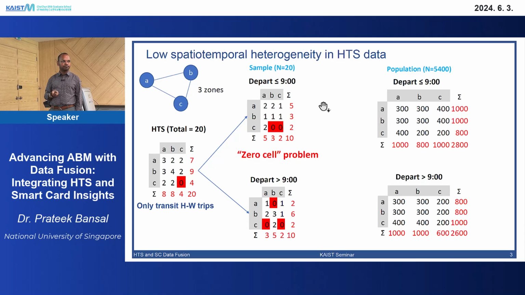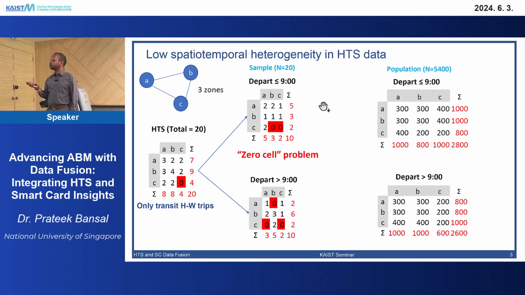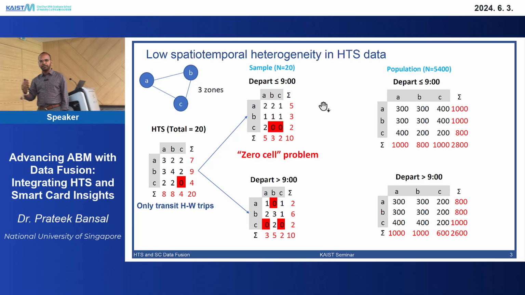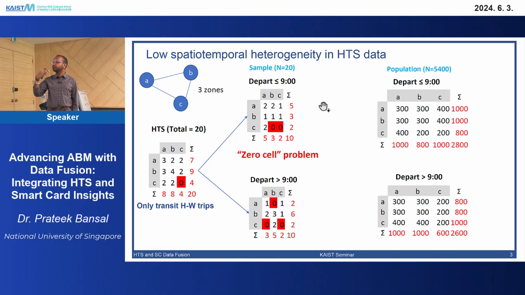But when you partition this matrix further with respect to the departure time, let's say you split the whole matrix into 2 time periods, departure time before 9 a.m. and departure time after 9 a.m., you will start seeing a lot of zeros in the cells.